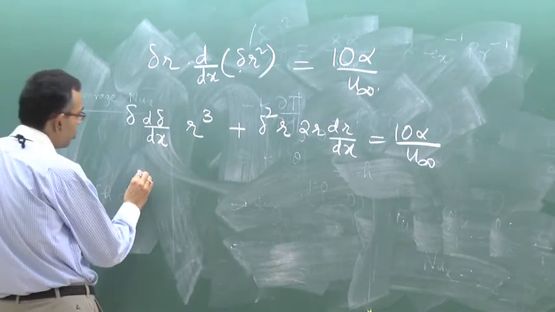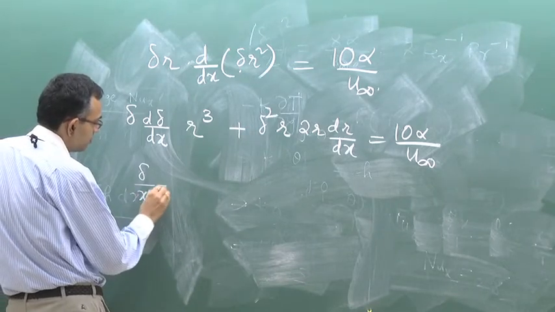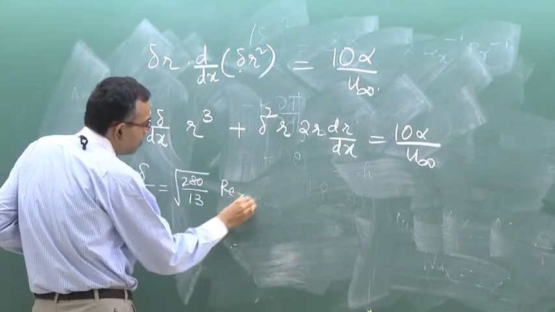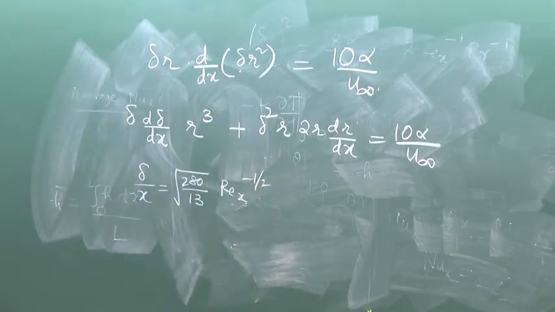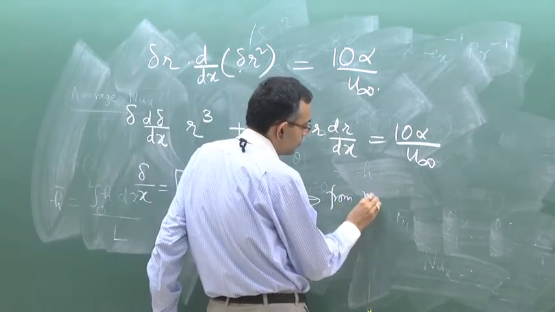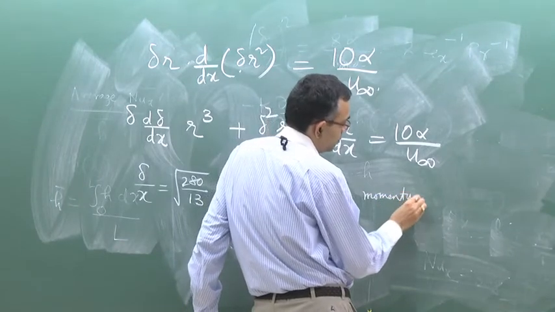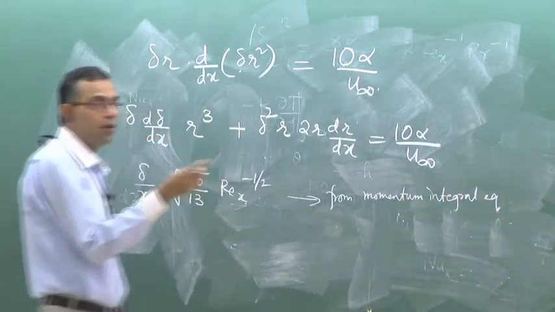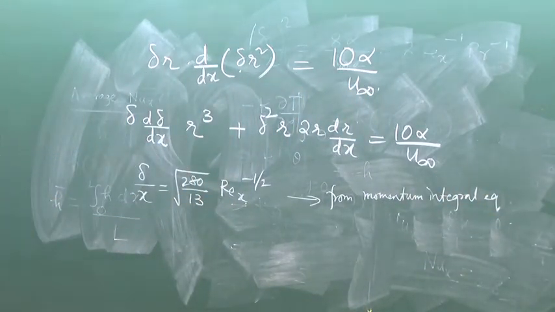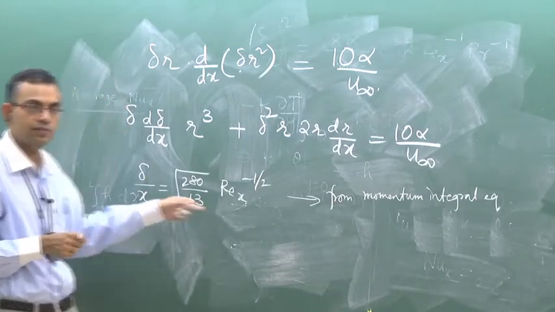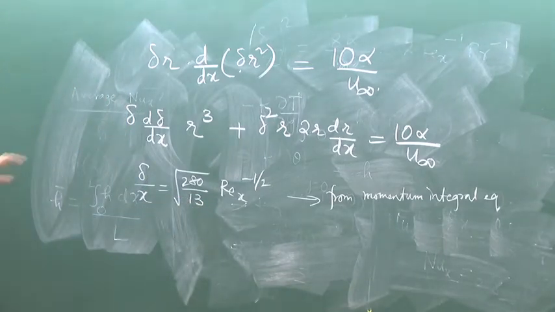So if you recall, if you had completed the exercise of finding delta as a function of x from momentum integral equation, in the momentum integral equation if you substitute u by u infinity is equal to 3 by 2 y by delta minus half y by delta whole cube and integrate it, you will get this delta as a function of x. So we will use this.